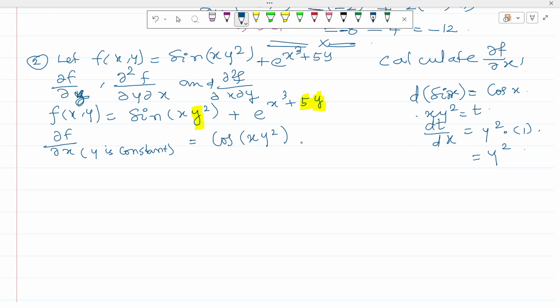Okay, then differentiation of xy square is y square.